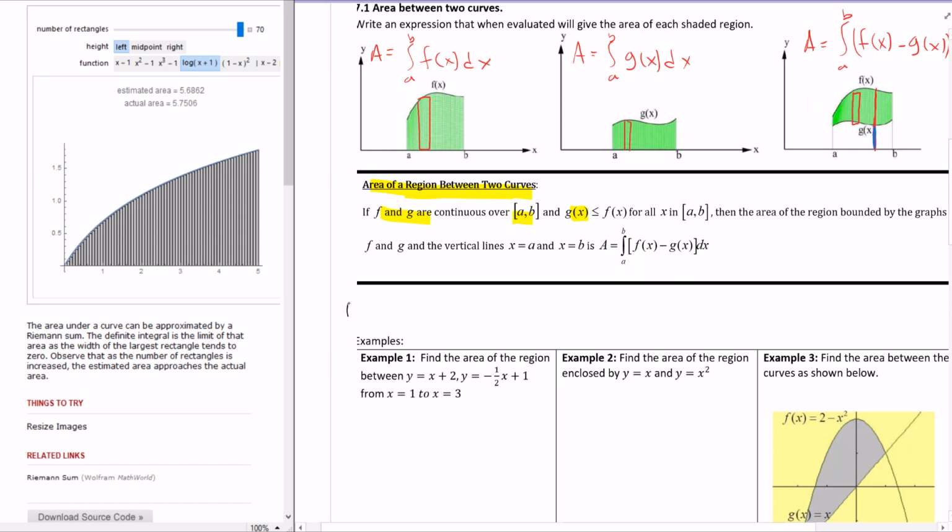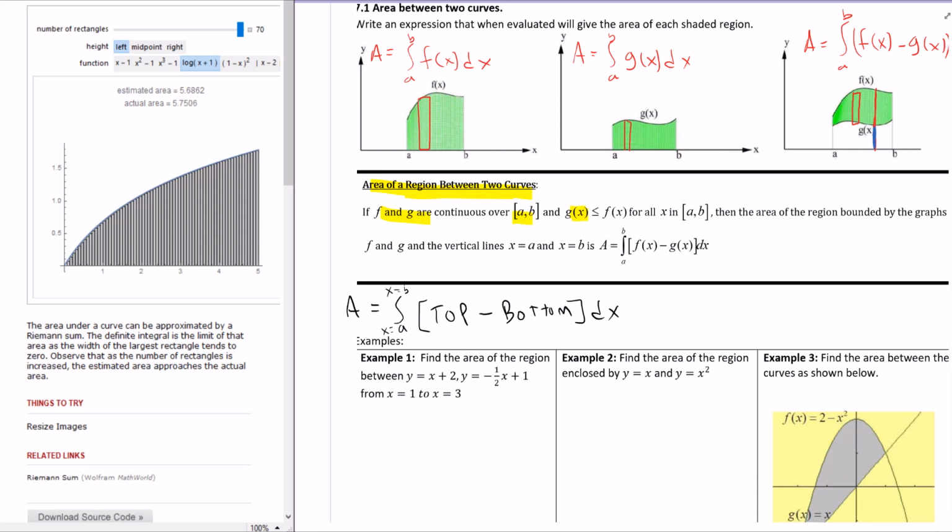And there's a slightly more helpful way to think about this, right? The area is going to be from, I'm going to write x equals a, x equals b, so you know that those are x coordinates, and it's basically just going to be the top function minus the bottom function. So whatever's on top minus whatever's on bottom, and then you just have to integrate.